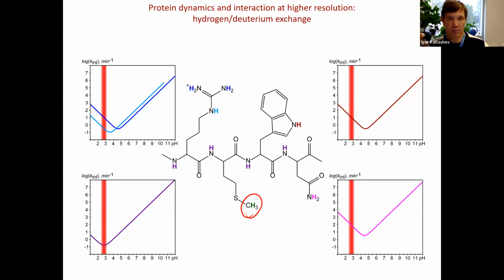And so the kinetic plots, these are exchange rates for unprotected hydrogens of different types that you see here on this diagram. They have this peculiar shape, right? Each of them has a minimum. Typically, we are interested in carrying out exchange reactions under native conditions, so that would be somewhere here, right?